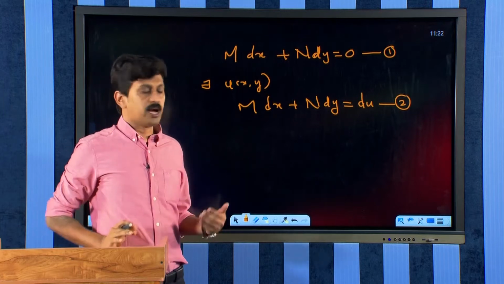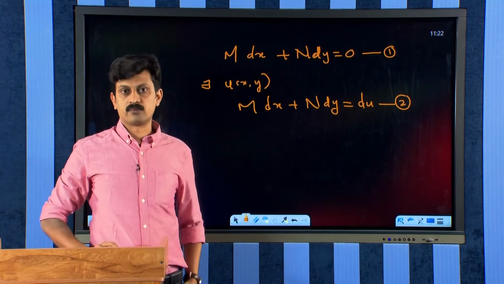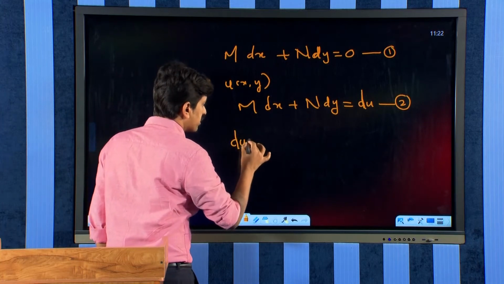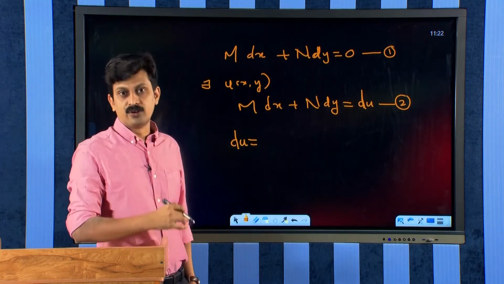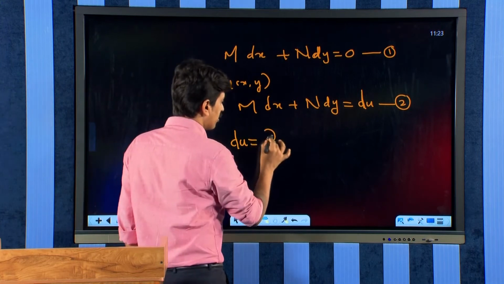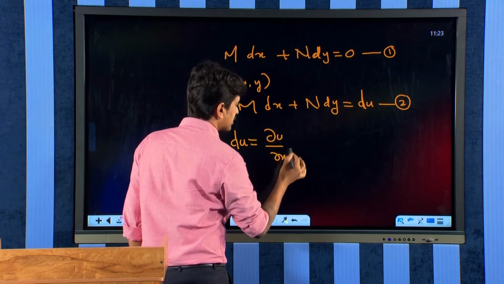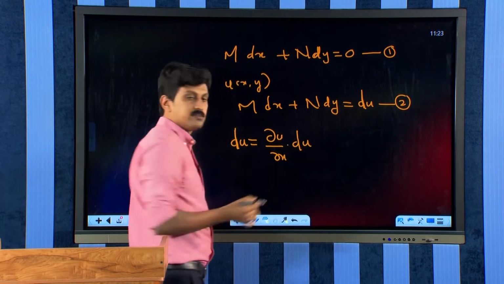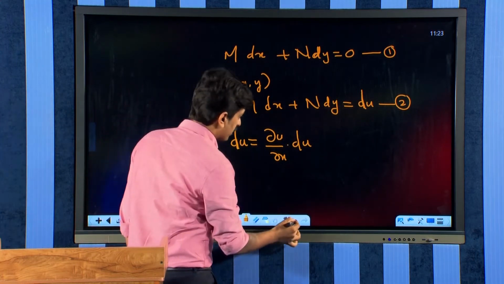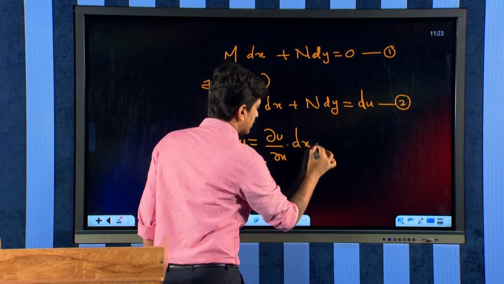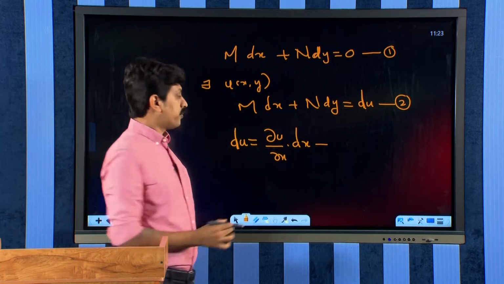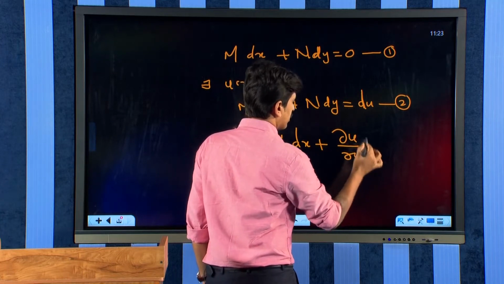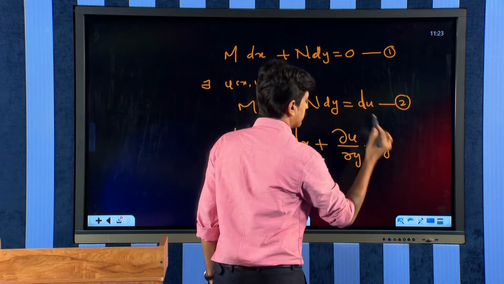Since u is a function of x and y, we have du equal to ∂u/∂x into dx plus ∂u/∂y into dy.